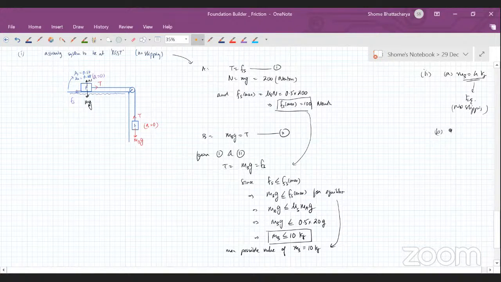Whereas for the B part, where we've taken the mass of B to be 12 kg, we can see that there will be slipping. So acceleration will not be 0, and the friction acting will be kinetic friction. Yes, Kunj, very good. Correct for the third part also, or for the B part of 2.